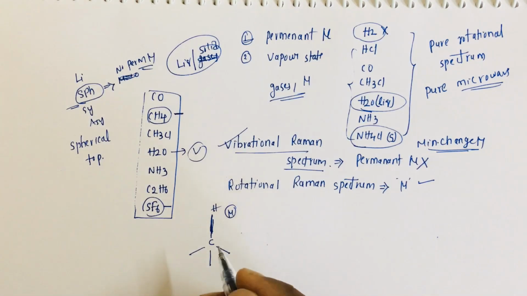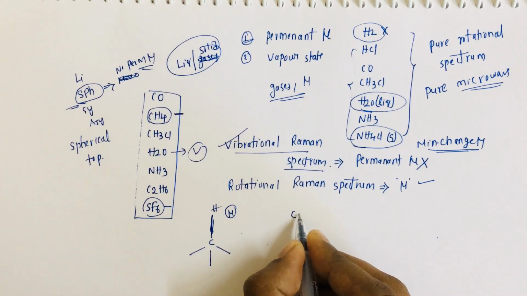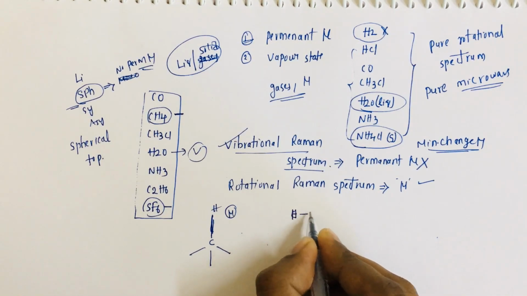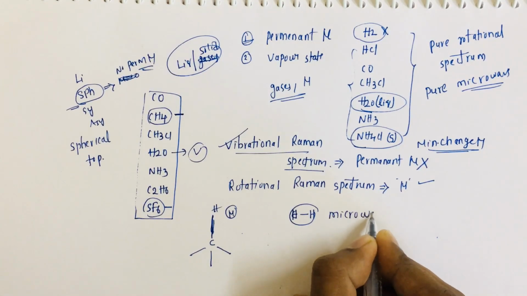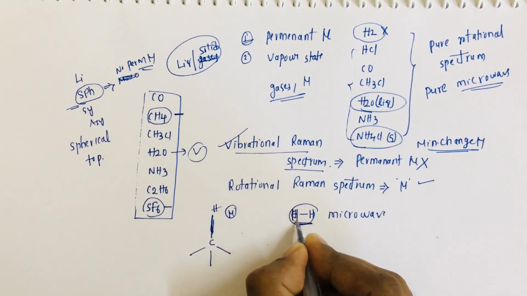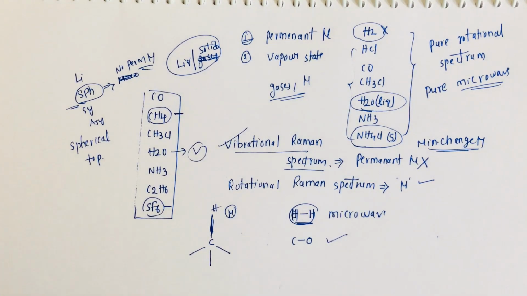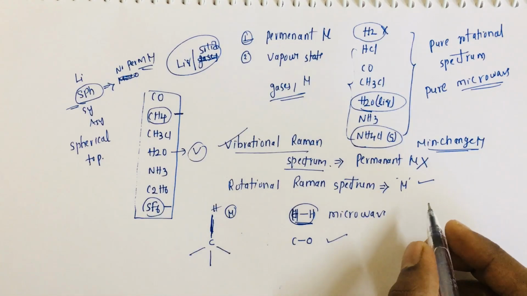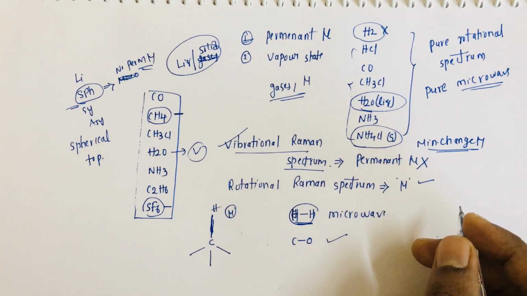Linear molecules of this kind are inactive in microwave, because we cannot produce any dipole moment here. But linear molecules containing heteroatoms are microwave active. So these are some examples we have.